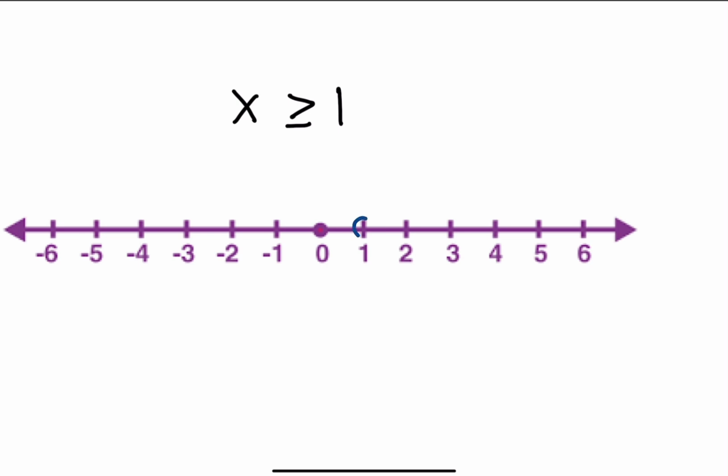Here in 1, we can use a closed circle. And then what are the numbers greater than or equal to 1? So we start from 1, 2, 3, 4, 5, 6, and positive infinity. So the graph looks like this.